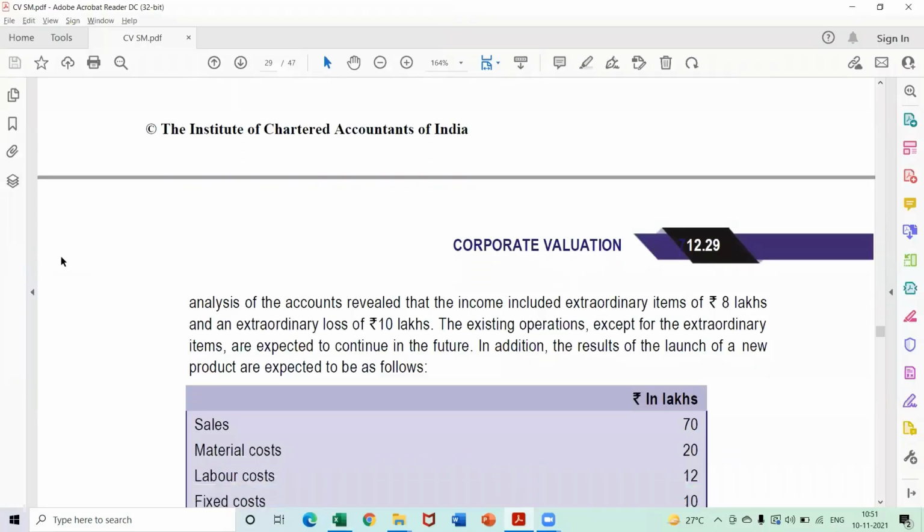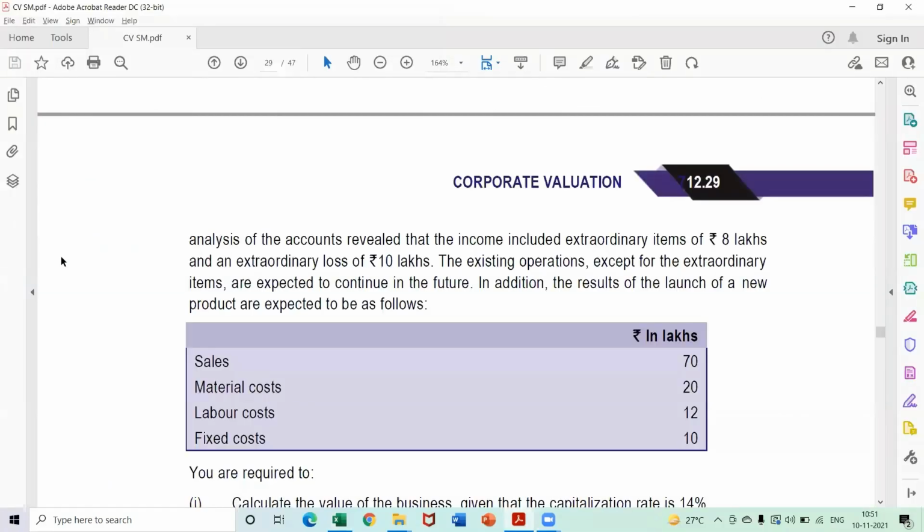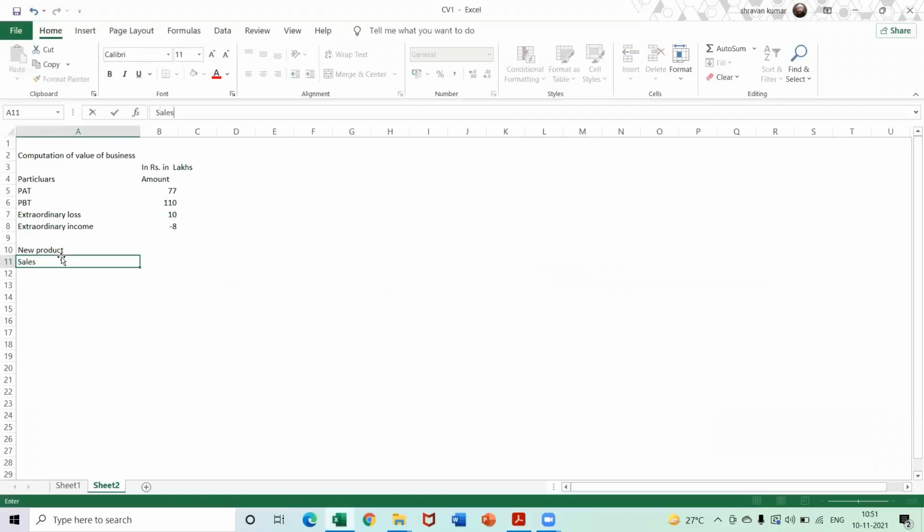Now profitability of new product. Sales, material cost, labor cost, fixed cost. 70, 20, 12, 10. 70, right?